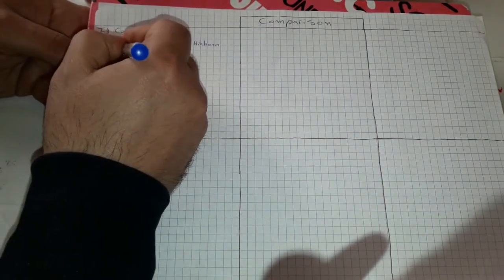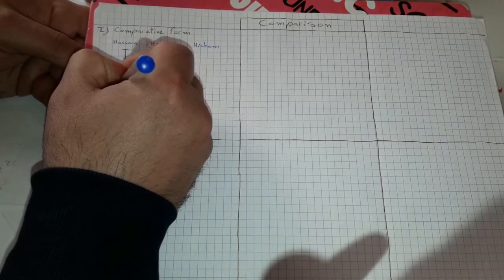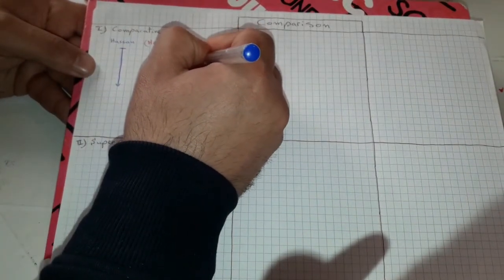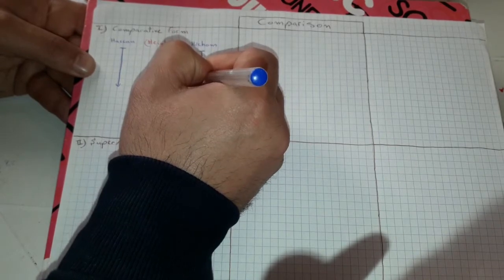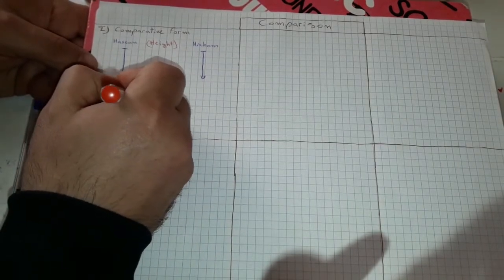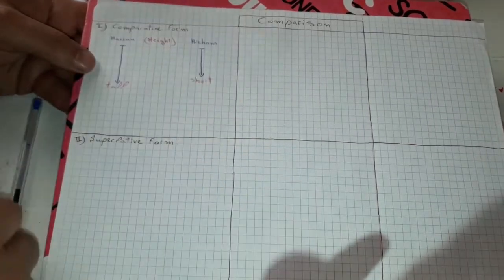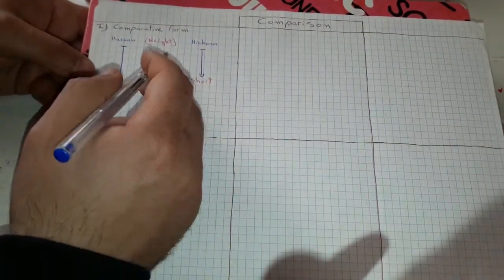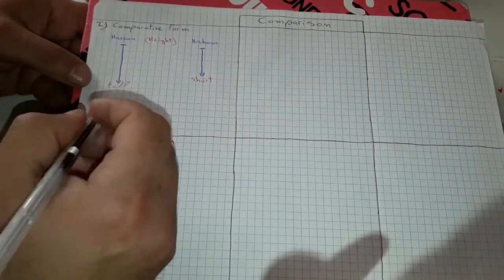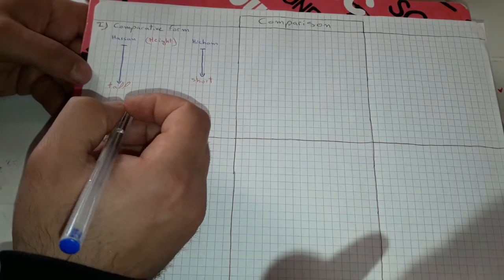For example, we say that Hassan is tall and Hisham is short. So I give two adjectives to describe the height of Hassan and Hisham, but the question is how to put them together in one sentence by comparing between Hassan and Hisham in terms of height.